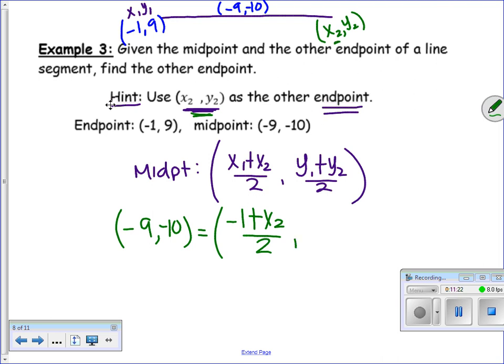That's my x values. And then my y values, my y sub 1 is 9, plus y sub 2, because I don't know that value, divided by 2. Keep in mind we want to label. This is the x and the y of my answer for the midpoint, right? This is the x and this is the y for the work.